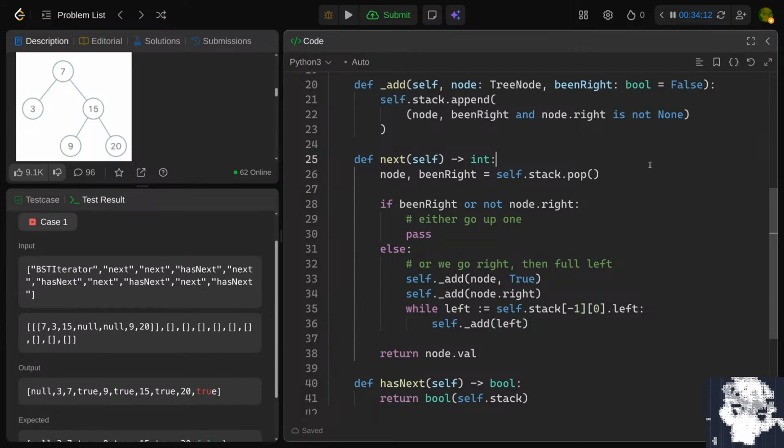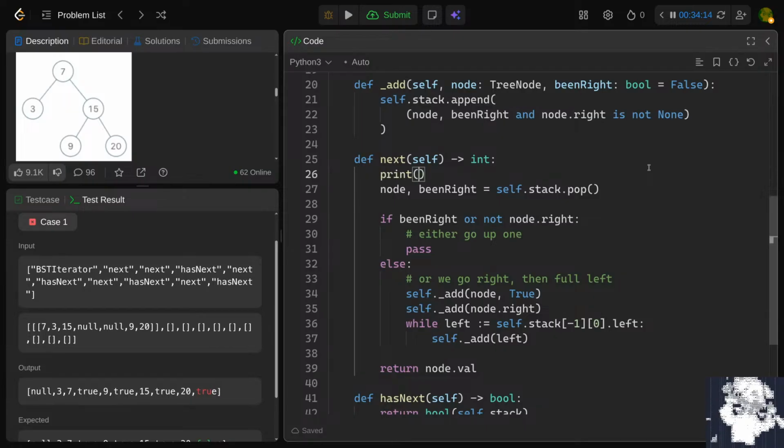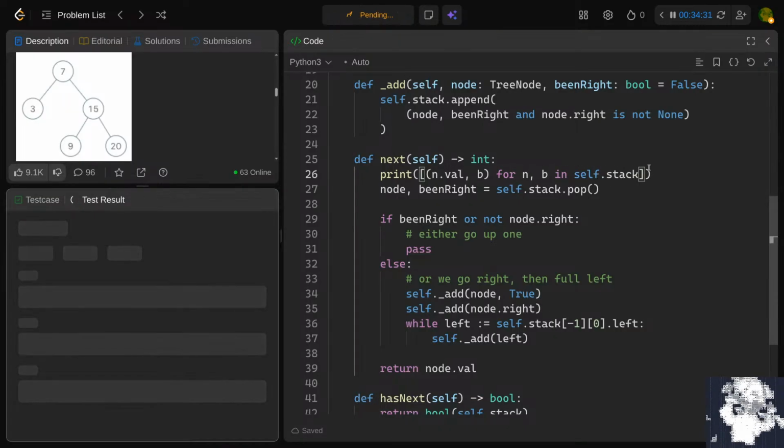Let's go back to printing our stack. Print node.val, or just n.val, comma b for n, b in self.stack.